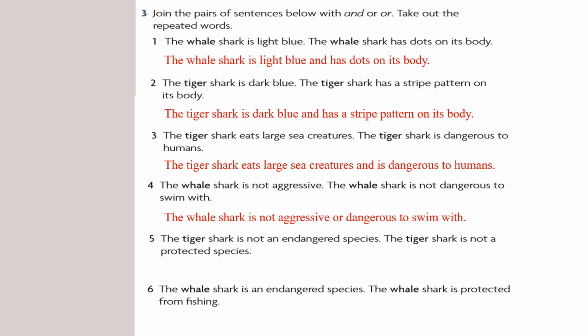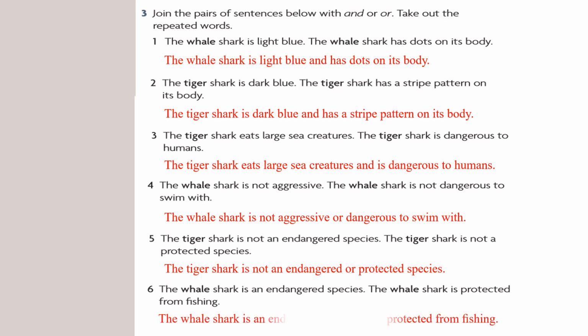Number 4. The whale shark is not aggressive or dangerous to swim with. Number 5. The tiger shark is not an endangered or protected species. And number 6. The whale shark is an endangered species and protected from fishing.